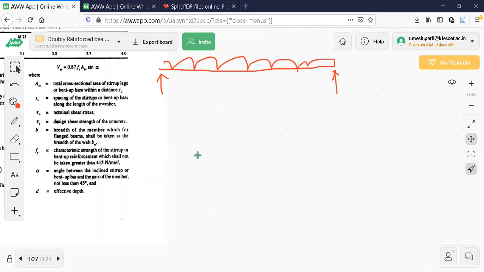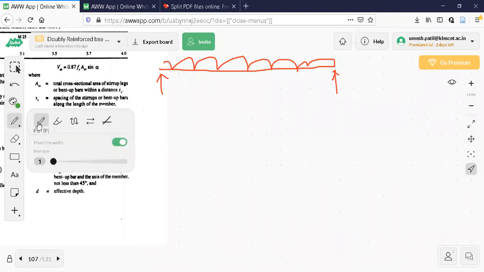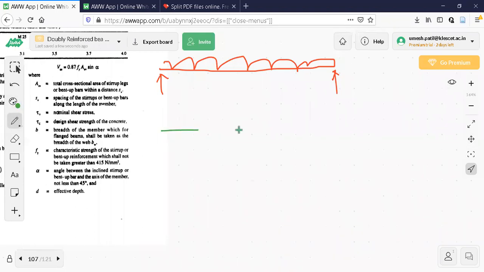Now here I'll draw the bending moment diagram. This is the bending moment diagram with maximum at the center.